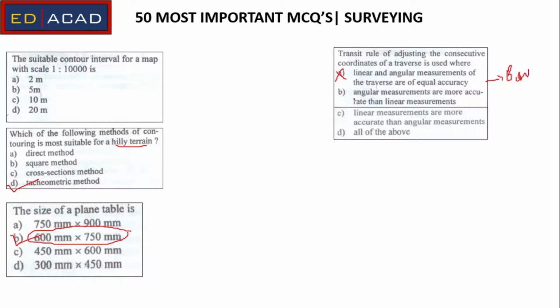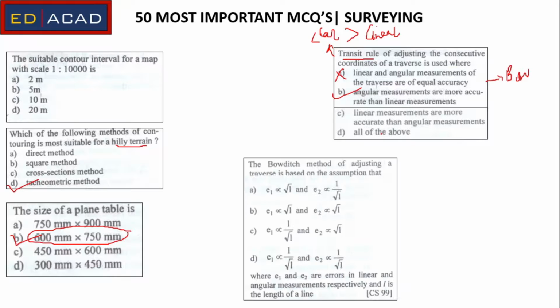Okay, angular measurements are more accurate than linear measurements, linear measurements are more accurate than the angular measurements, all of them. So we use the transit rule when the angular measurements are more precise than the linear measurements. So in that case, option B will be the right answer. Okay, let's see our next question.